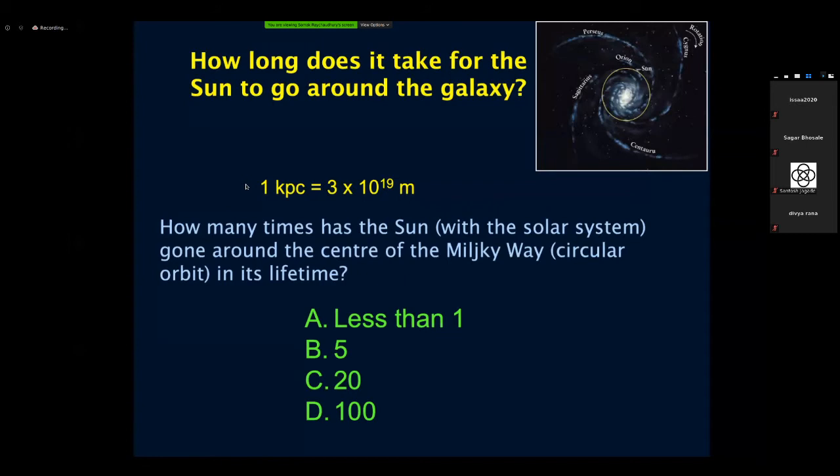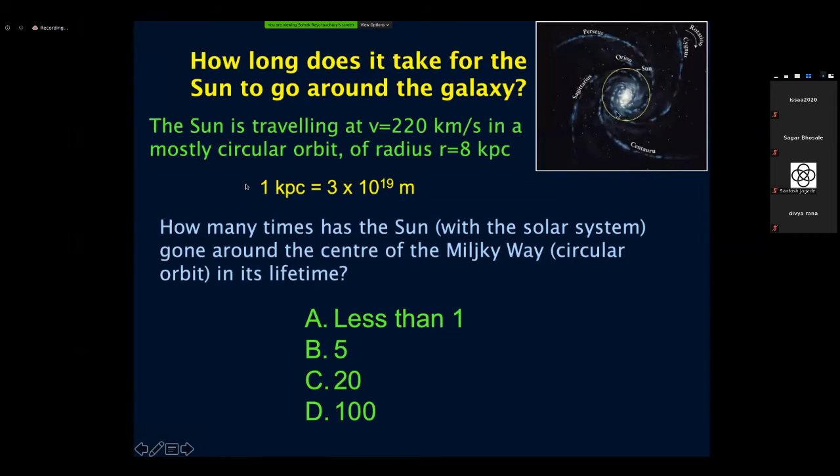Here's a question, and I'd like all of you to try and answer it. We would like to calculate how long it takes for the sun, along with the Earth and the solar system, to travel around the center of the galaxy once. I'm telling you that the sun is traveling at a speed of 220 kilometers per second, and that's its linear speed.